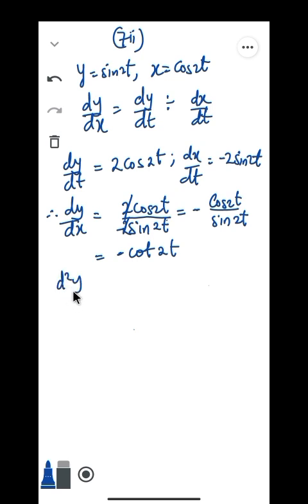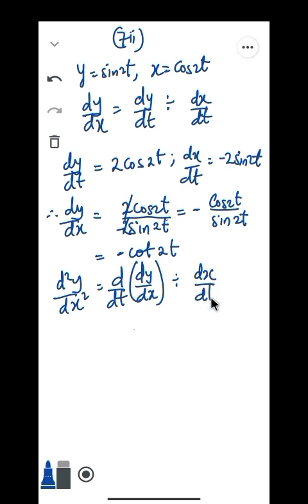So we know that d squared y over dx squared should give us, remember we got it as d/dt of dy/dx, divided by dx/dt. Okay, so we've established this also in the previous video. And so d/dt of dy/dx simply means we should differentiate dy/dx with respect to t.